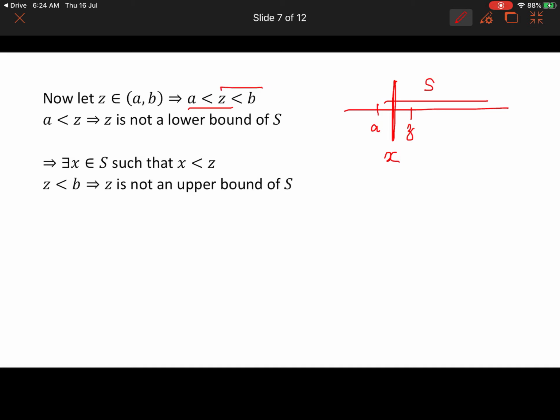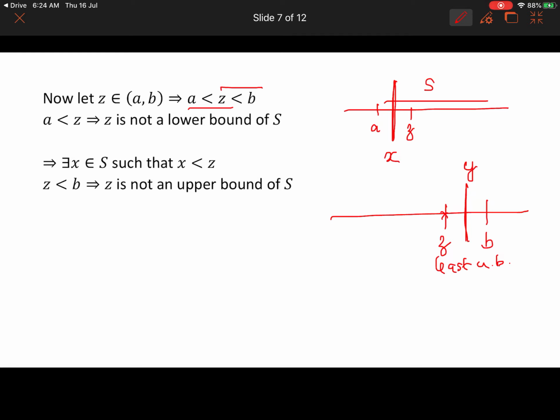Now I am taking the next part. Z is less than B. So this is B. B is the supremum of S, means this is the least upper bound. Anything less than this is not an upper bound. So here I have taken Z less than B. So Z is not an upper bound of S, means S contains somebody here.